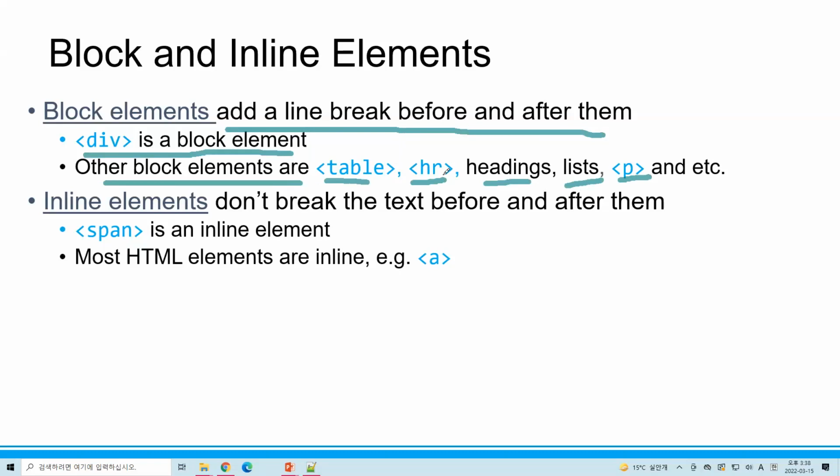After we have some statements or some text, then we will go to the next line, or we can have something before that line. It is different from the block element. The inline elements do not break the text before and after. So span is one of the inline elements.